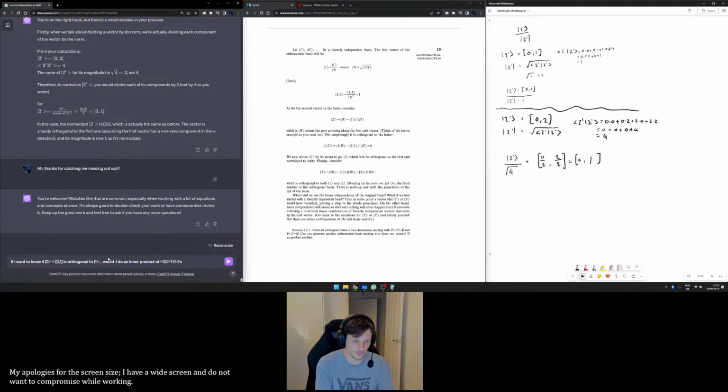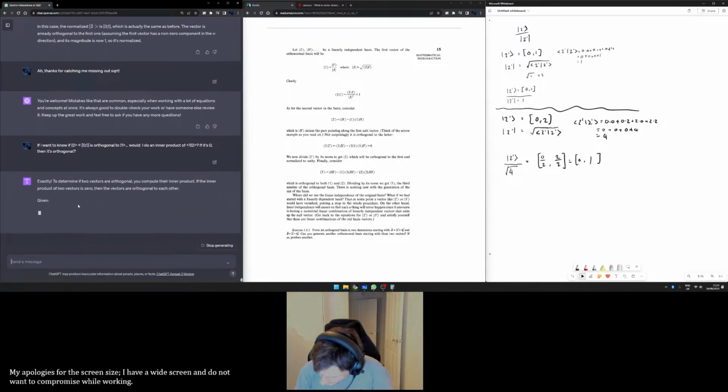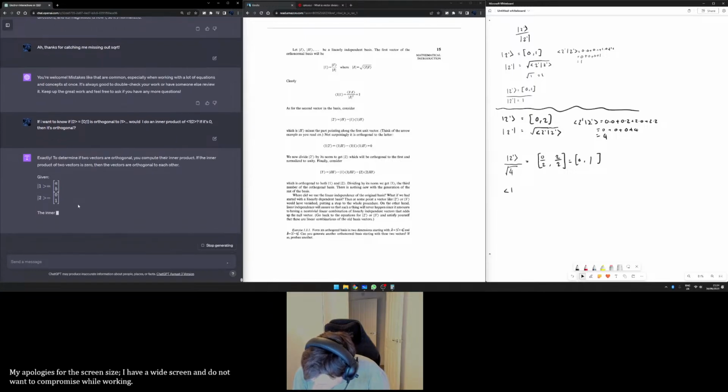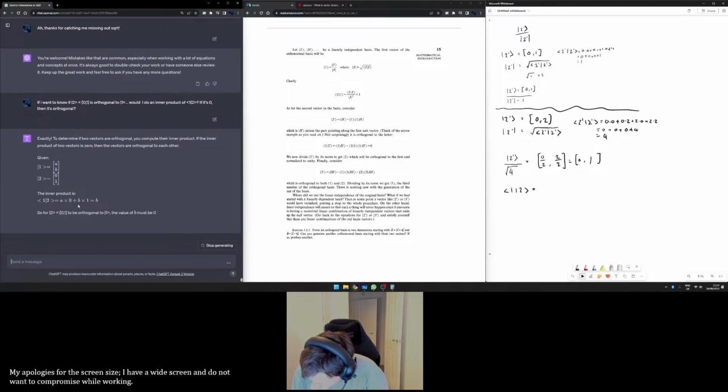If it's 0, then it's orthogonal. I think that's right. Exactly. Okay, so let's do that. Let's go 1, 2 is equal to 0, 1... no, that's wrong. Sorry. 1, 0, 0, 1.